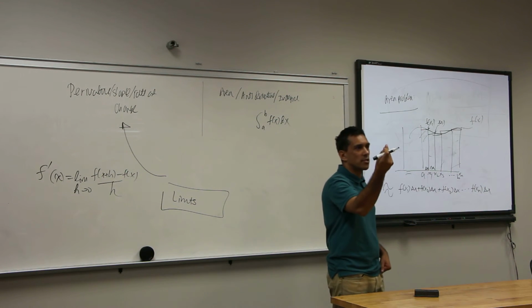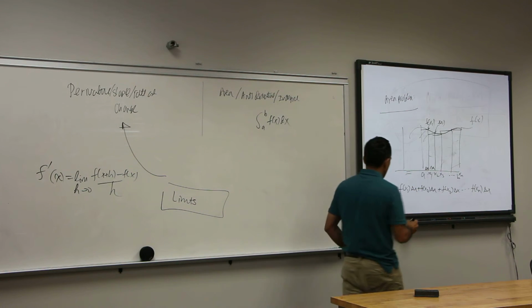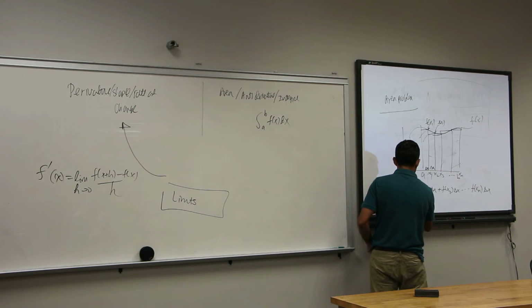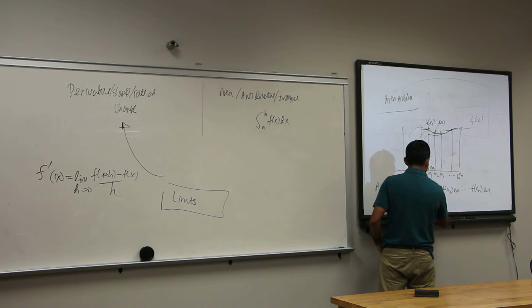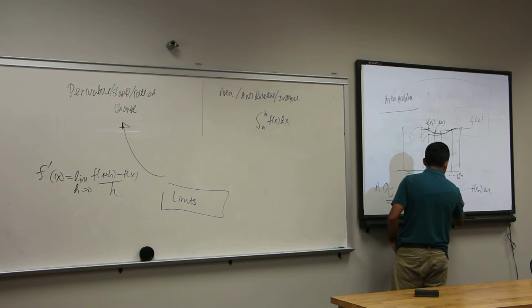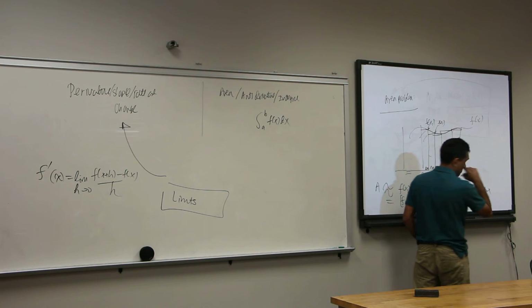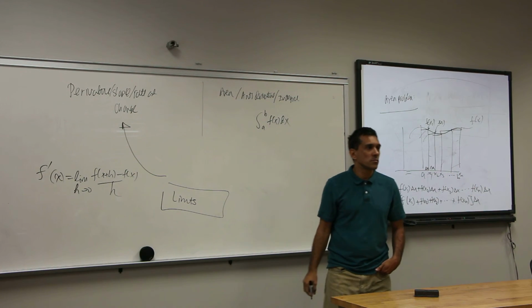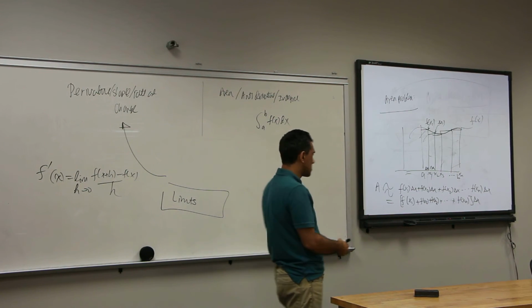And you're keeping in mind that you can take delta x out as a common factor. And then, of course, you can write that in some notation.